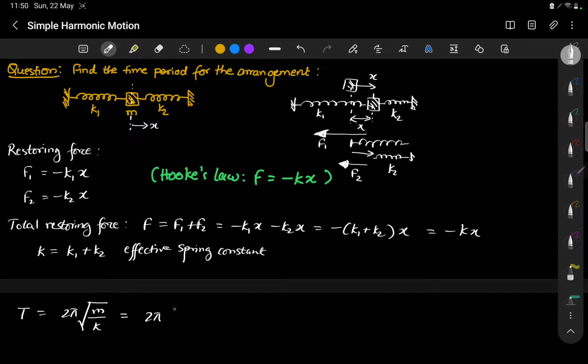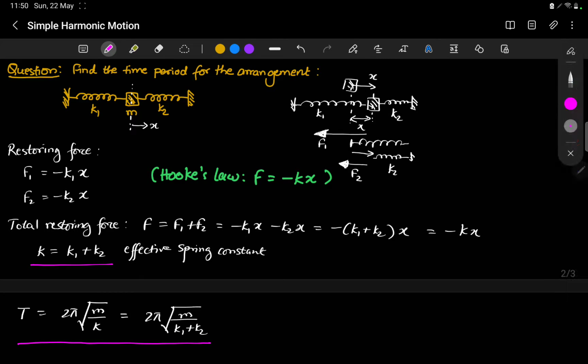This is nothing but 2 pi square root of m over k1 plus k2. So this is the solution. This is the time period for this arrangement.